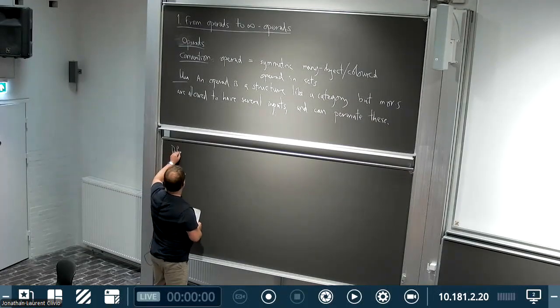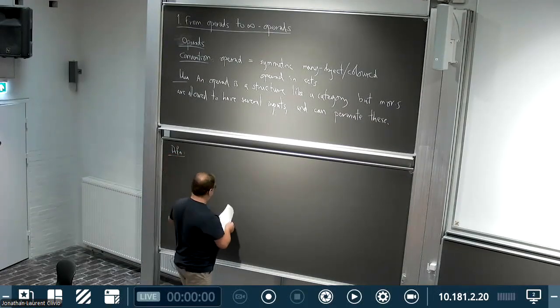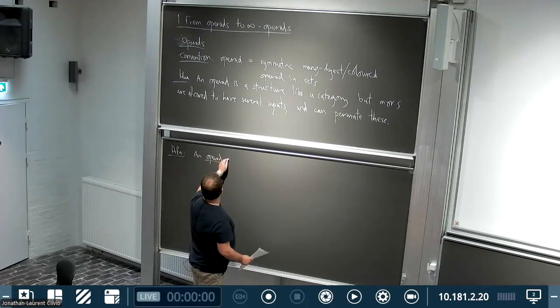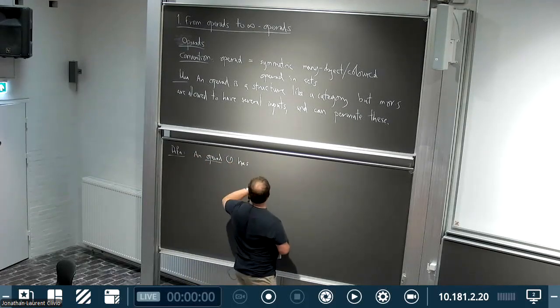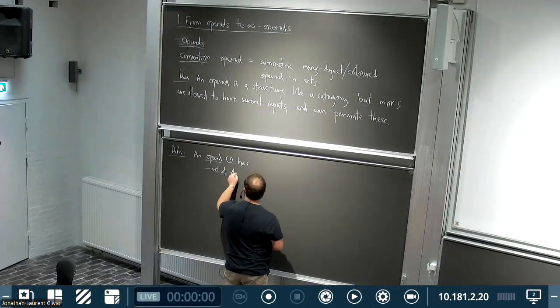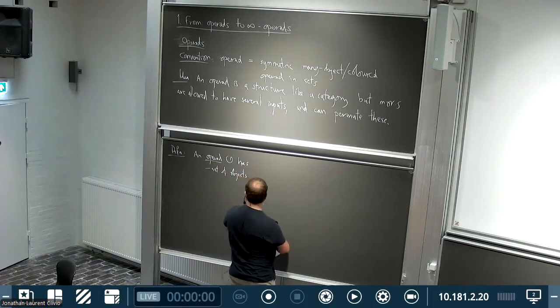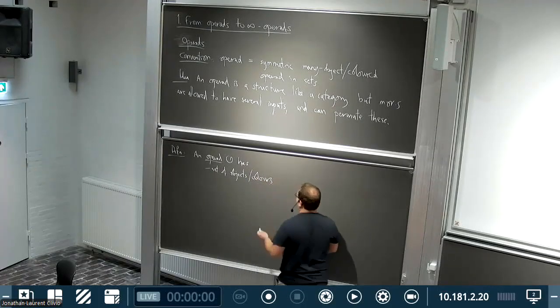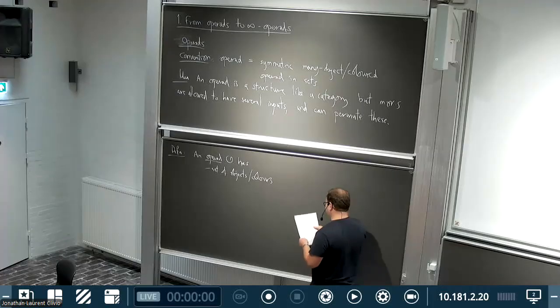Let me make this a little more precise. An operad O has a set of objects, which are also called colors, which is where the term colored operad comes from.